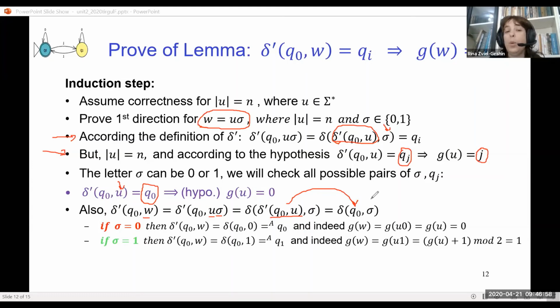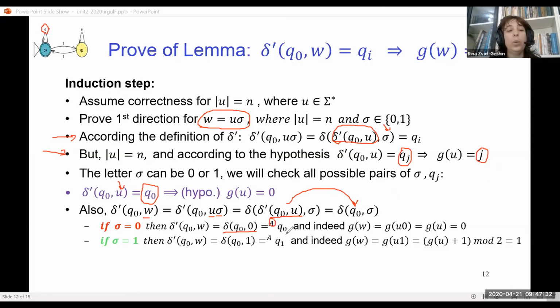For sigma, once again, I have two possibilities. Sigma is 0, and the word W has prefix U that finished in state Q0 and the additional letter sigma that is 0. Looking at our automaton, Q0 with 0 stays at the same state, Q0.